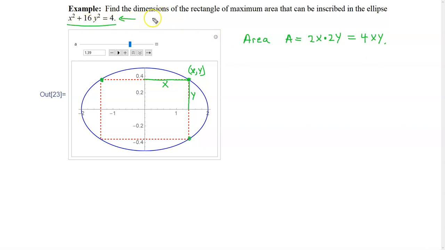So if we take this equation and solve for y, we're going to get, and then dividing the 16 over and taking the square root of both sides, we're going to get, now of course we should have a plus or minus out here, but we're only going to deal with the positive square root because that's going to be giving us the upper right hand corner here of our rectangle where y is positive. And we'll just rewrite this as.